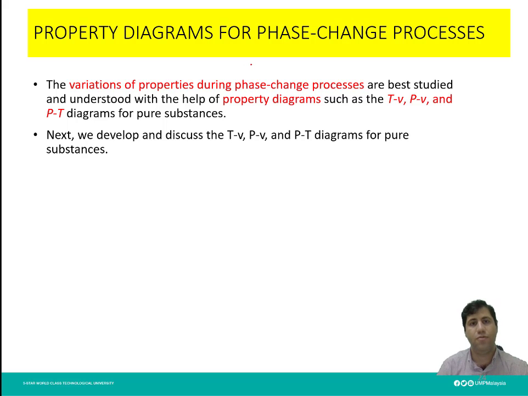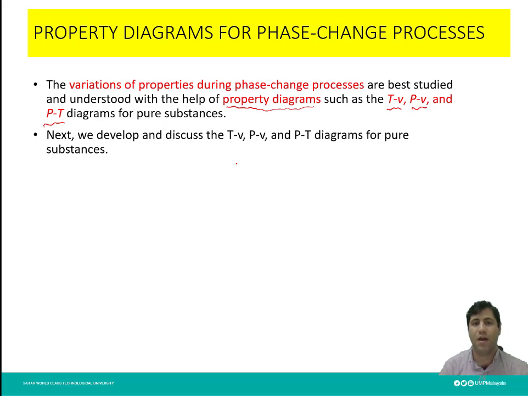As I told you, and also you have seen in the previous slide, the variation of the property during a phase change process can be studied by using property diagrams, like the temperature-specific volume diagram, the pressure-specific volume diagram, and the PT diagram.